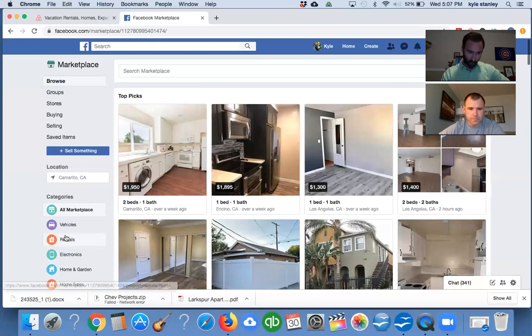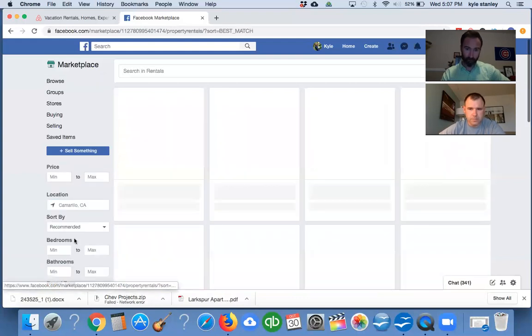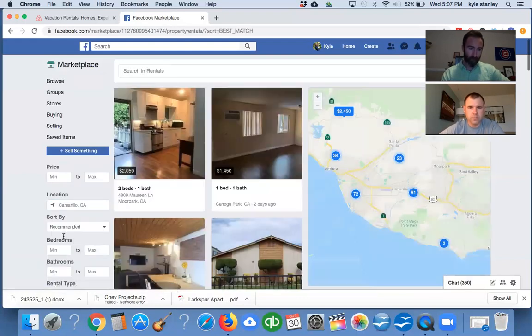We're going to go rentals. And then what I'm going to start off with is, you have to figure out: are you going to attract groups of vacationers? Are you going to attract families? Are you going to attract business people? Or are you going to attract all those types of people?